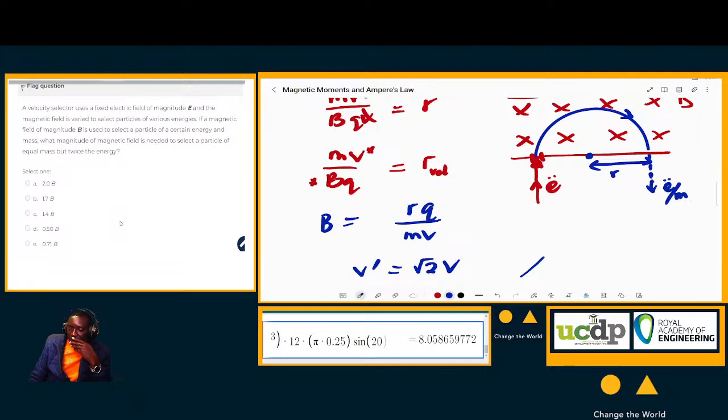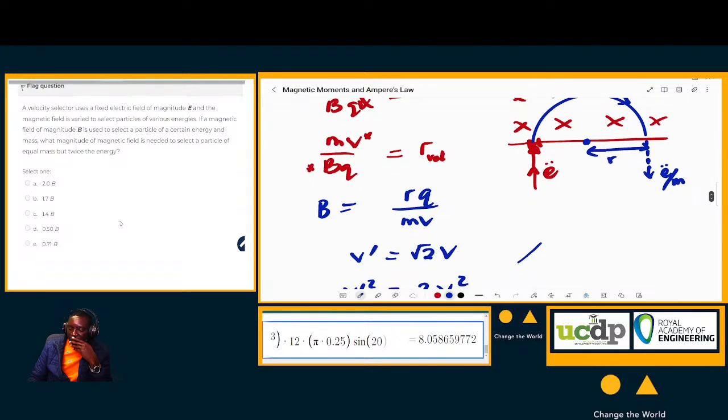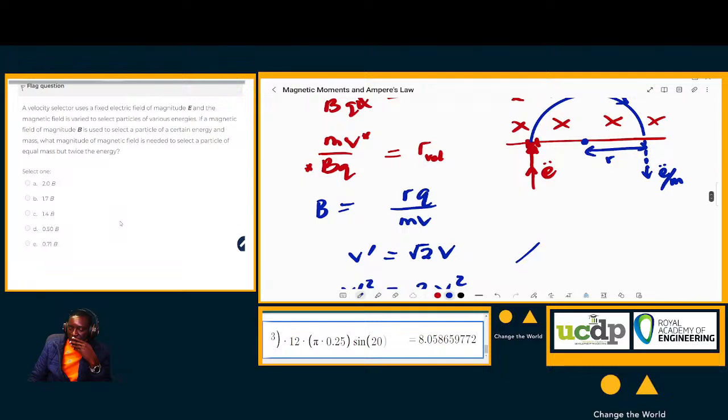So we use B to select particles of a velocity V. So if we were to select particles of a velocity root 2V, then the value of B should be root 2B. There are two things here.